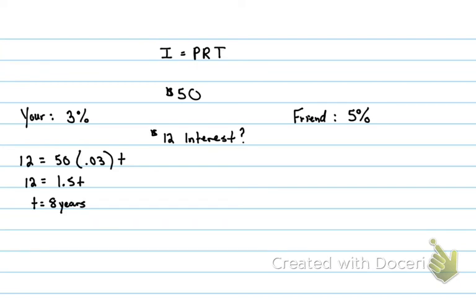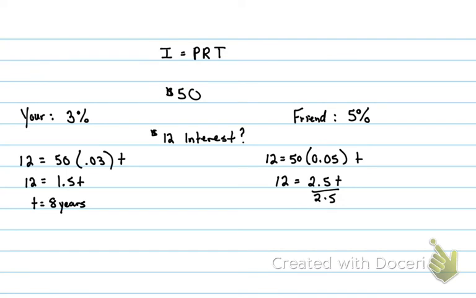Okay, your friend, their account made a little bit better interest. So 12 equals 50 times 0.05 times time. 50 times 0.05 is 2.5. So 12 equals 2.5t.